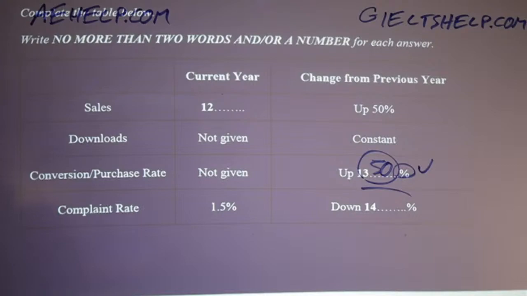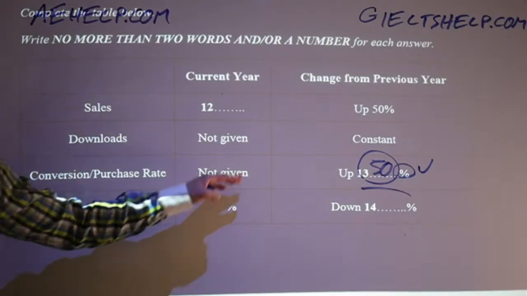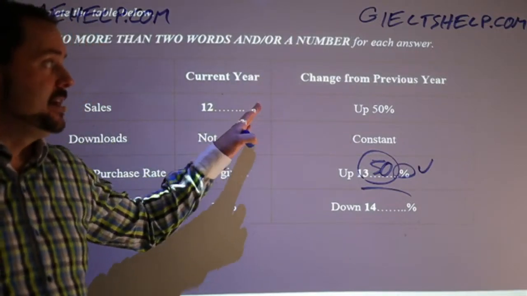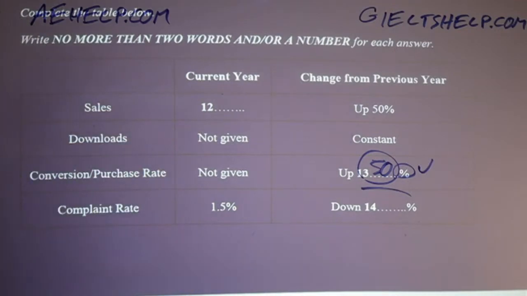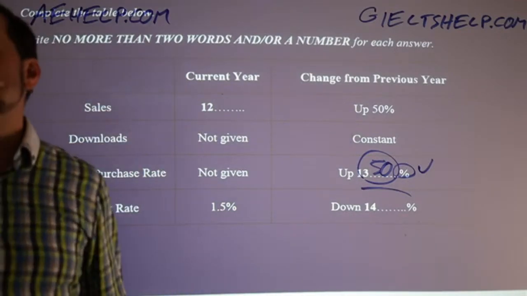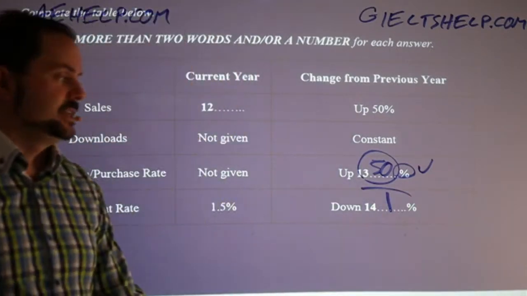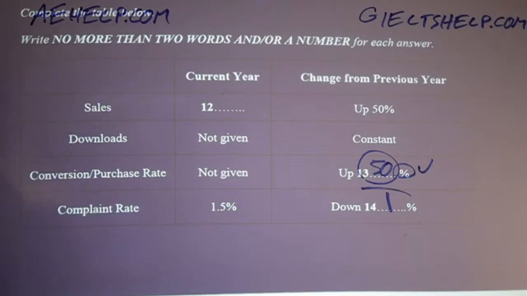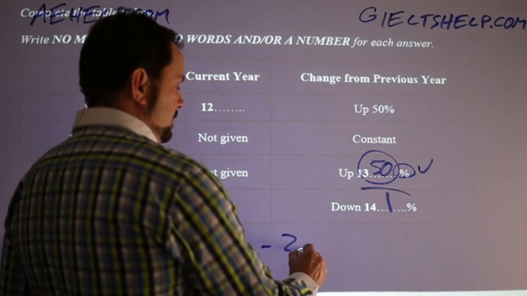All right. The complaint rate, the current year, it's 1.5%. Last year was 2.5%. So what's the change? Duen Min says it's 1%. Duen Min, smart. It is 1%. Anybody who put 2.5, you've got it wrong. So 1.5 current year, last year it's 2.5.